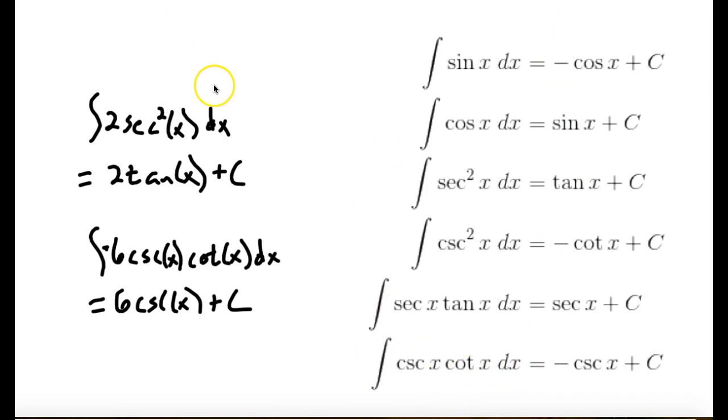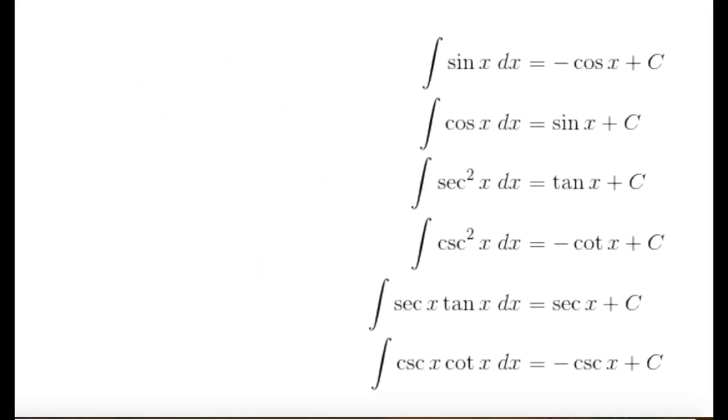Now something else that could show up would be something like this. If I ask you for the antiderivative of 1 over sine squared of x dx, this looks like a pretty daunting problem right off the bat.